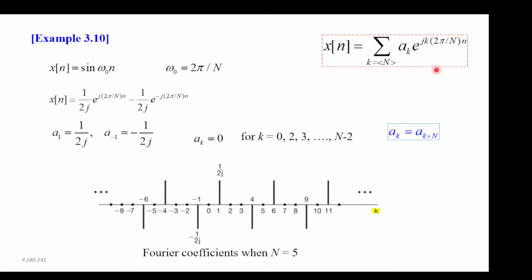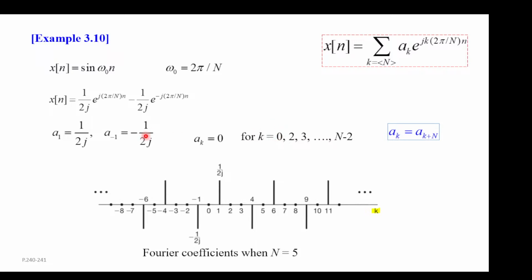And from here, you can compare to your x of n. Then you see that you have a1 equal to 1/2j and a minus 1 equal to minus 1/2j. Okay, and ak equal to 0 for all other k. Now you see that you can pick whatever k you like.